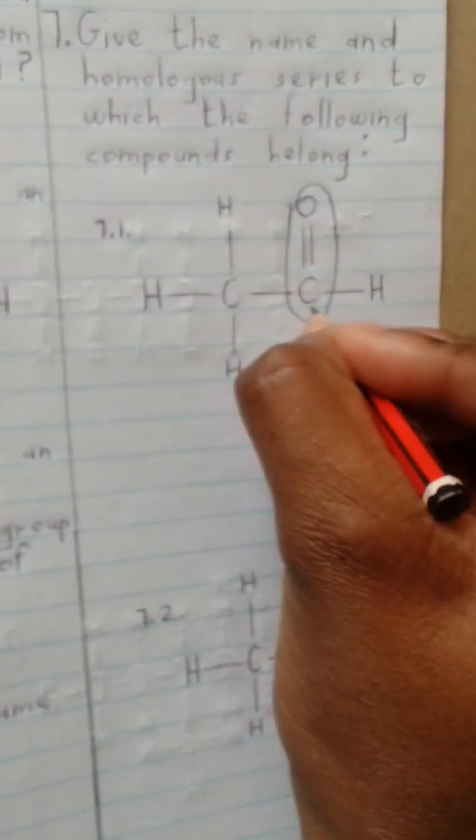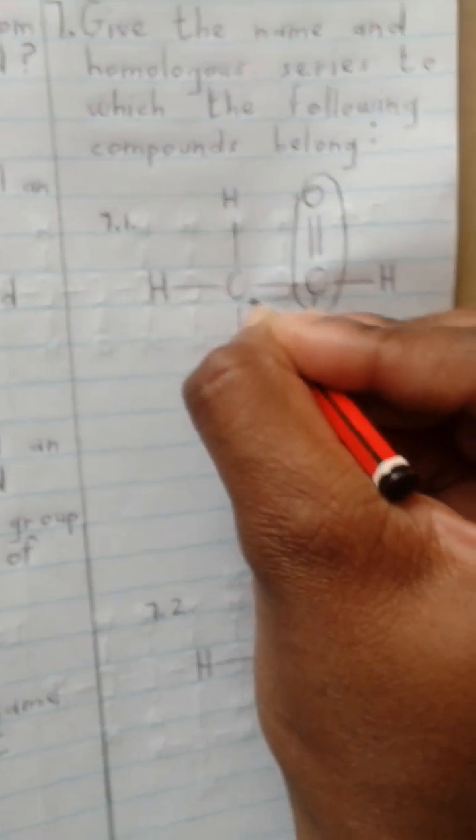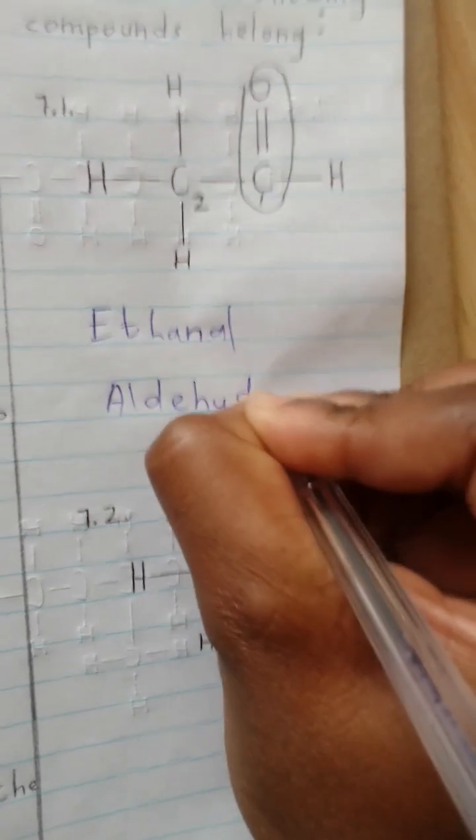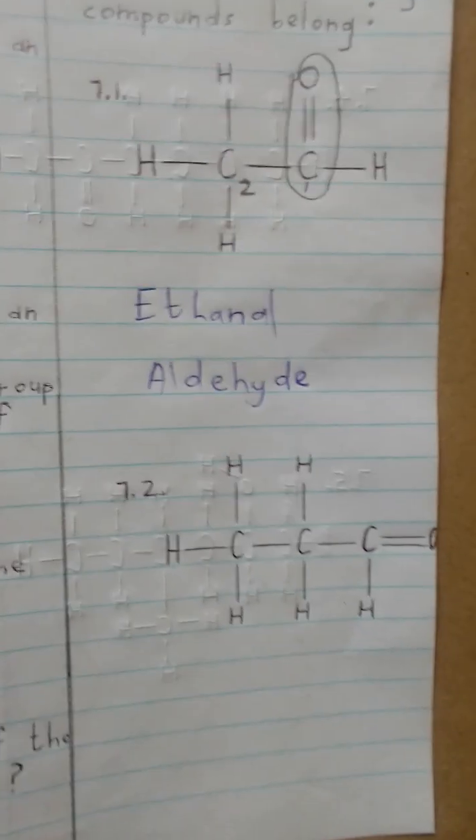We start here, 1, 2. Formyl is an aldehyde, right? So methanol, ethanol. Don't forget, ethanol is an aldehyde. Okay.